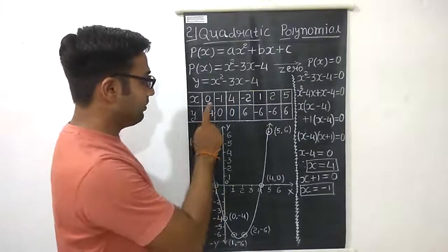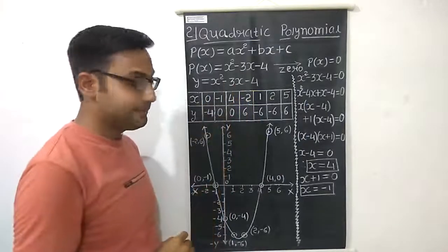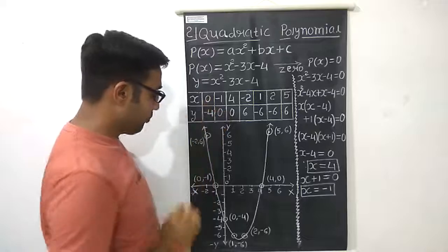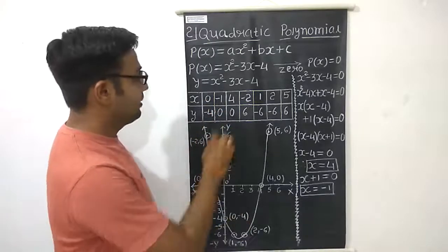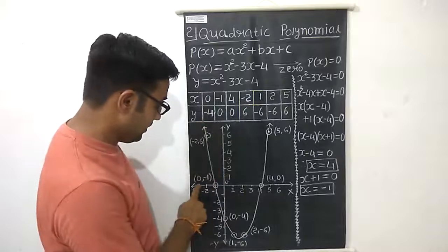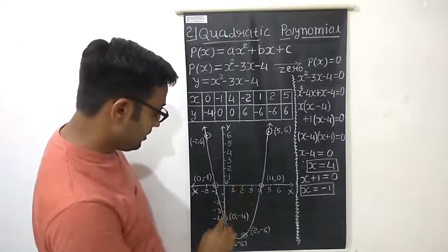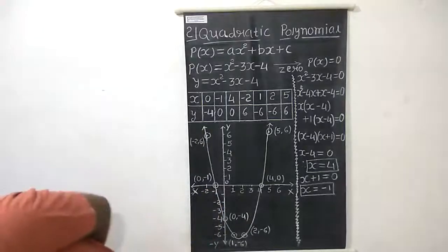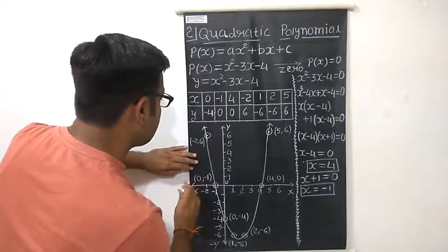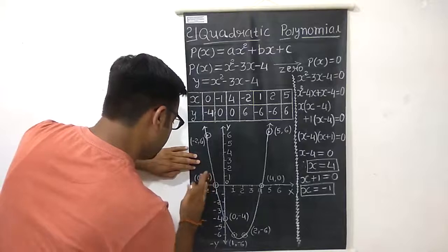Now we will plot these values. The point (0, minus 4) is here, and (minus 1, 0) is here. This is different.